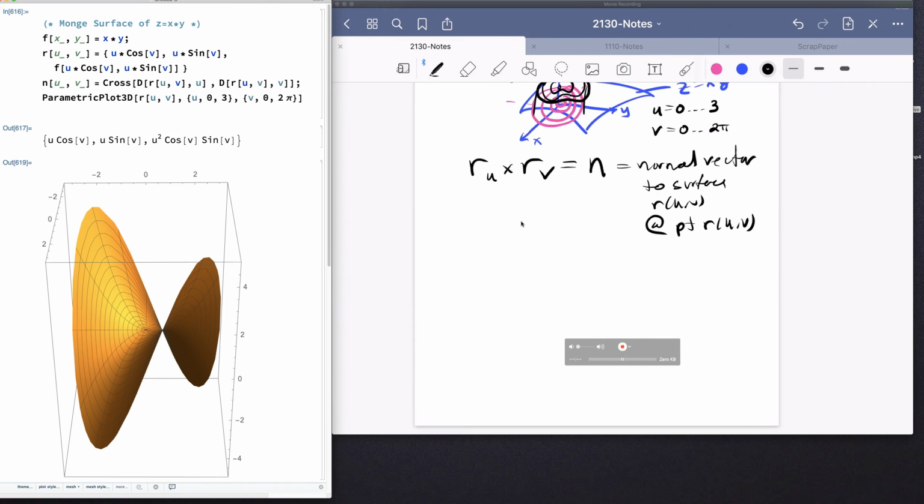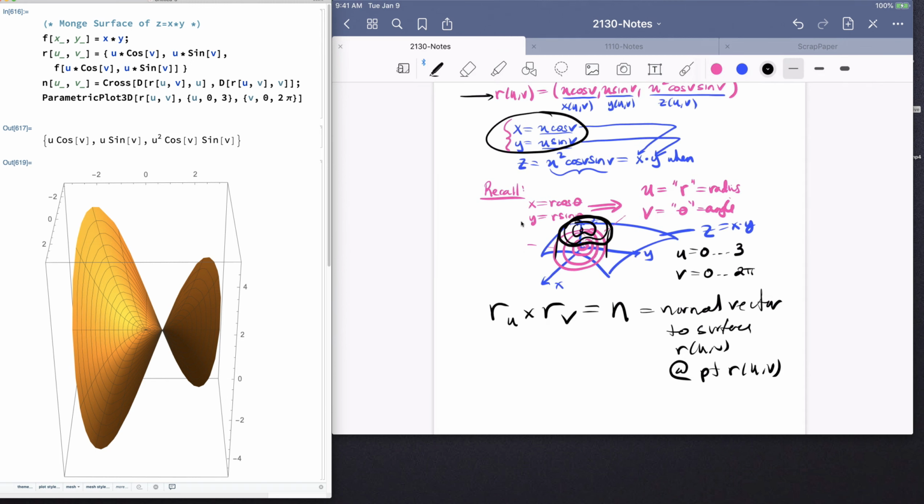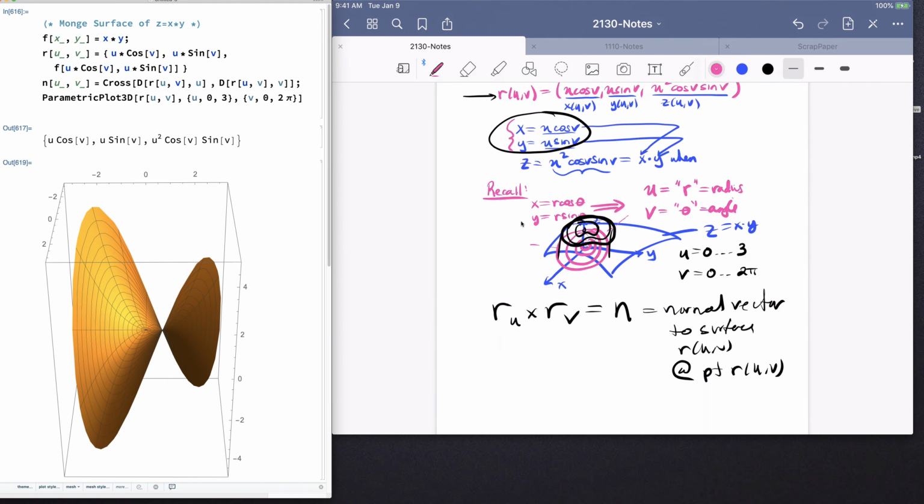Let me go over here. Okay, so for this particular surface, let's choose a u value of 3 and a v value of 0. So we've chosen a radius of 3 and an angle theta of 0.